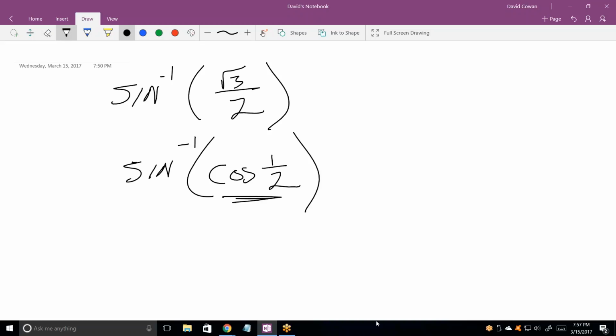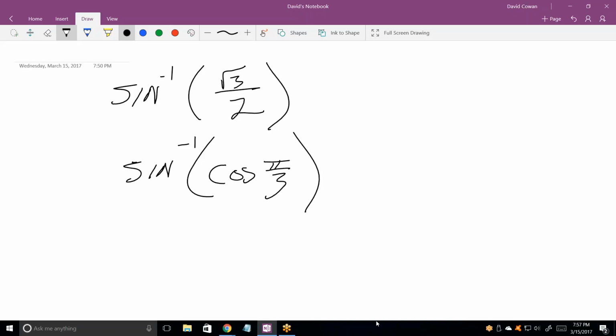And that value is pi over 3. That's what the inverse cosine of 1/2 is. So now I'm taking, no, excuse me, back up a second. That's always an angle. So that's pi over 3.